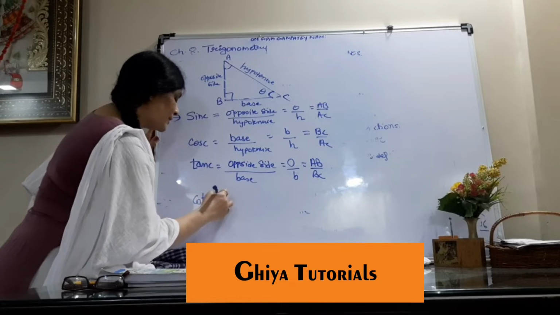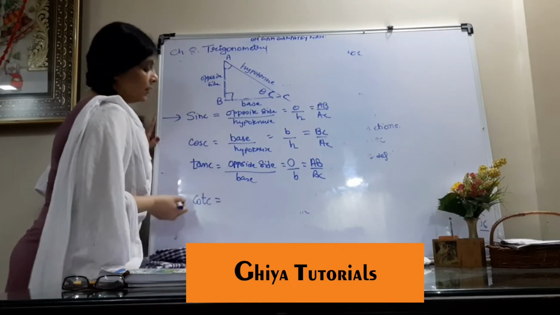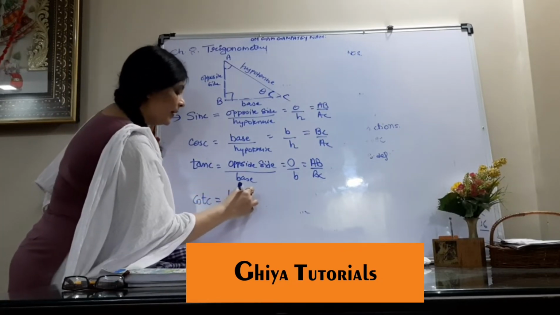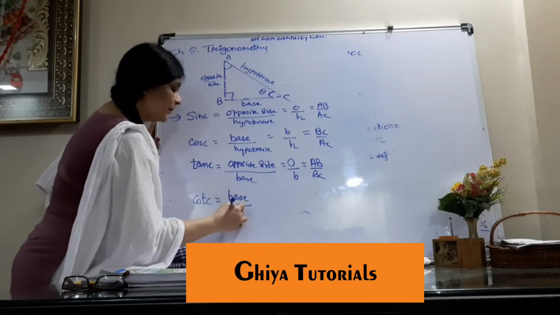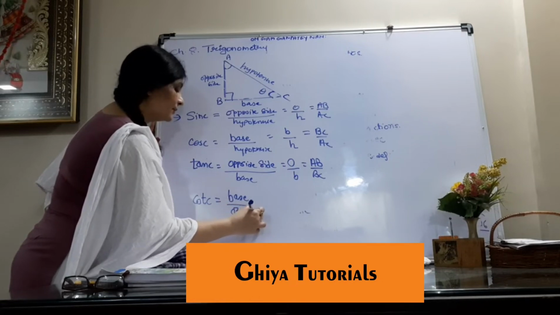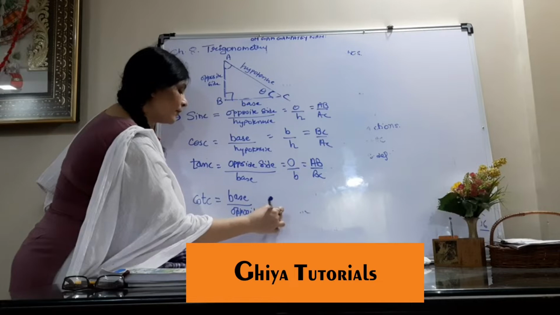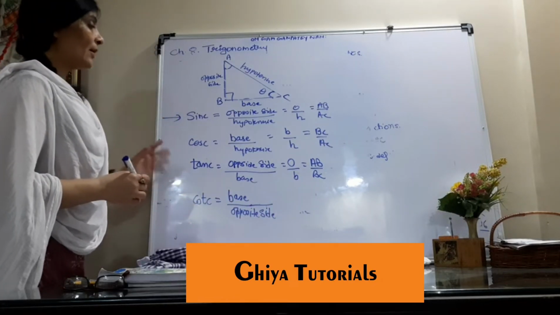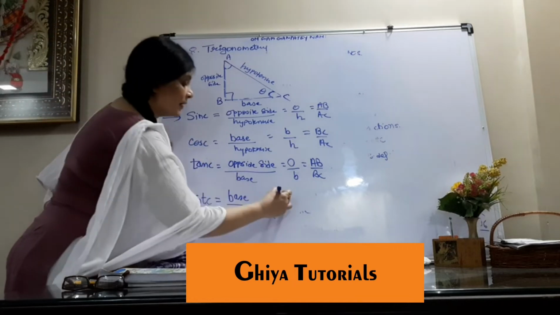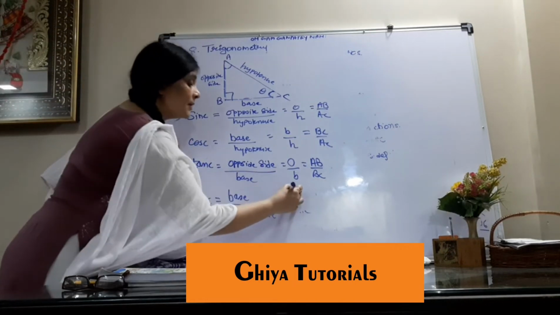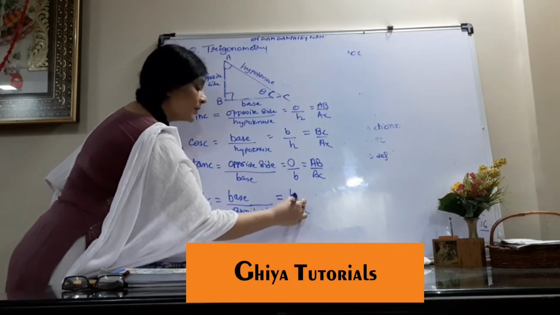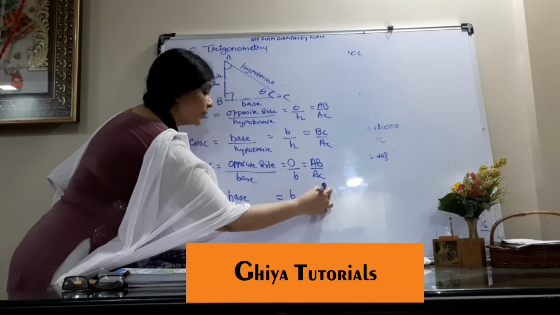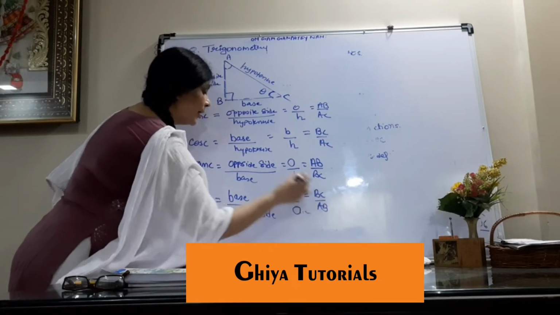What is cot C? Cot C will be base upon opposite side, because tan and cot are inverse functions, which we will study later. Base is denoted by B, opposite side by O. That is BC upon AB.